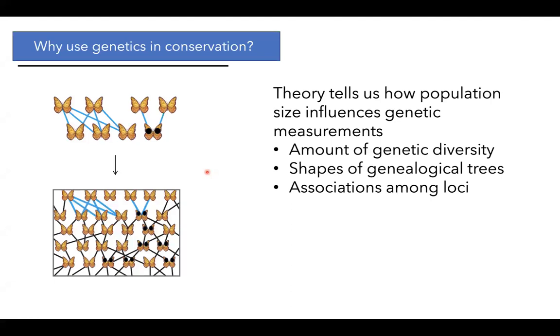So genetics can help us to circumvent some of those problems, right? And so when we think about genetics, we often initially start to think about the inheritance of genes and traits in families, right?